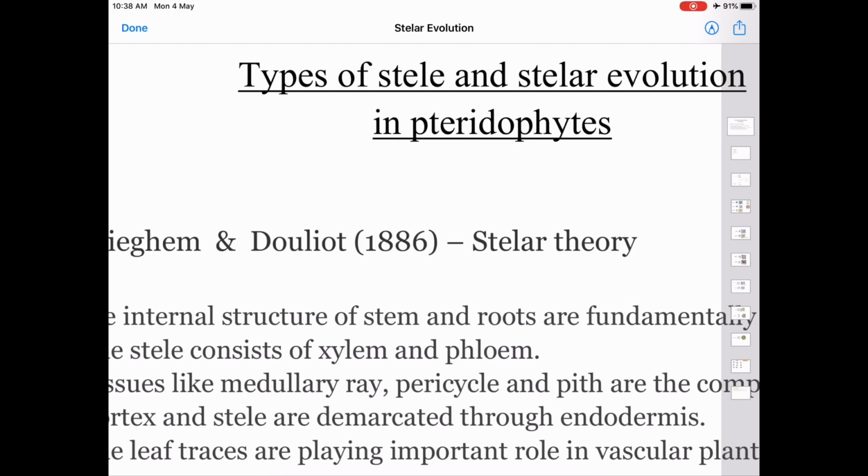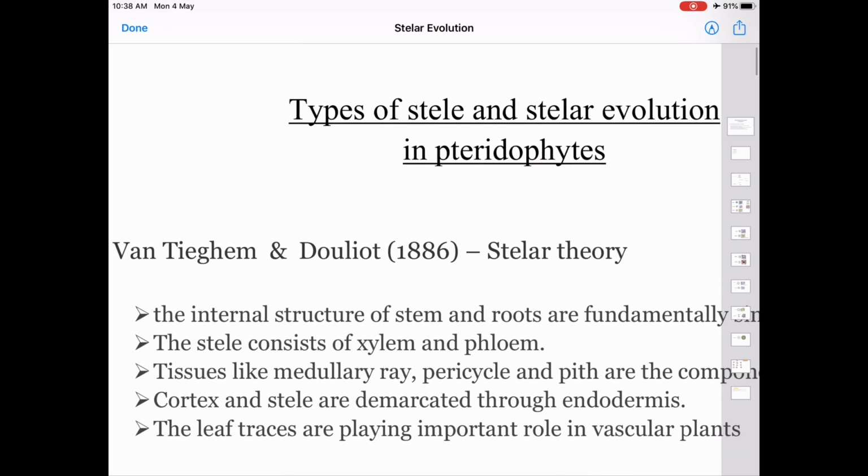According to them, the cortex and the stele are the fundamental parts of a shoot and both these parts are separated from each other by the endodermis. This is actually the basis for the stelar theory.